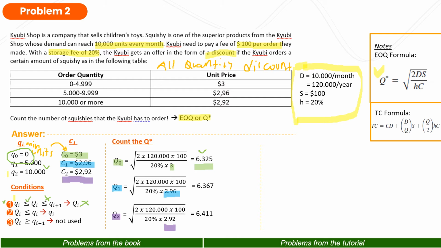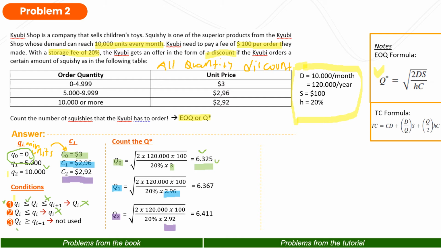And then we look again at the second condition. The Q star is 6,000 and the little q of 0 is 0. So it is also not matched with the second condition. Thus, we look at the third condition.